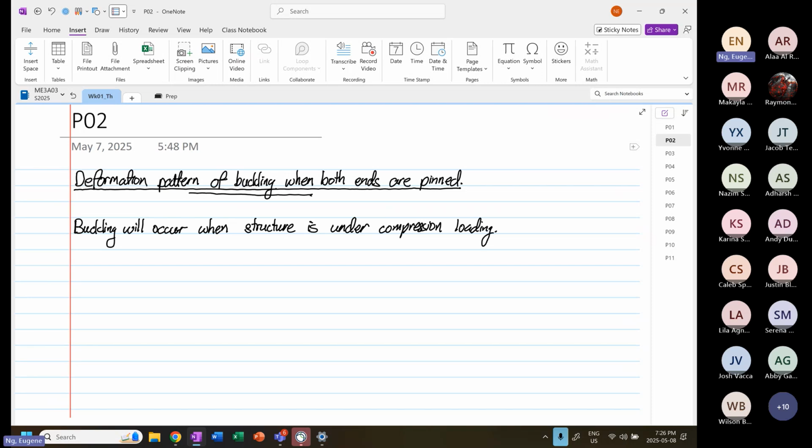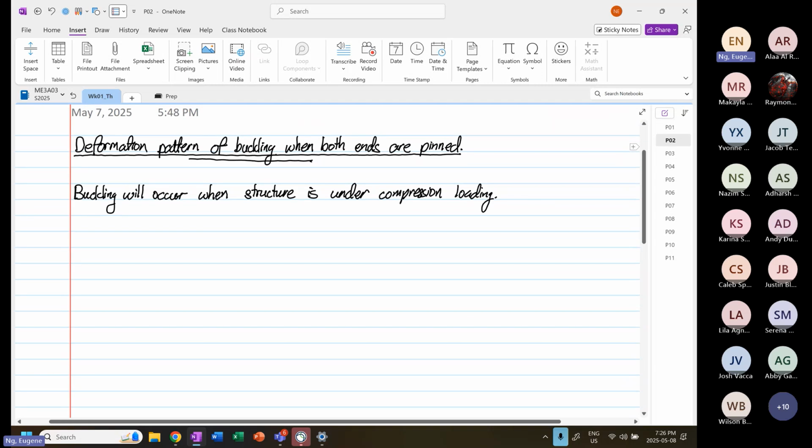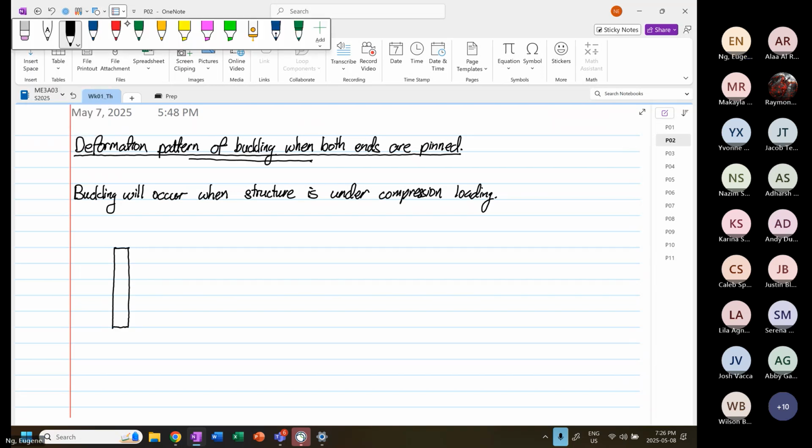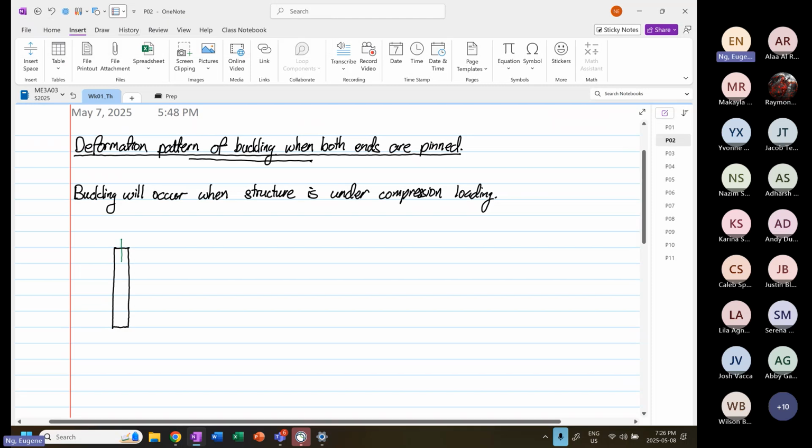So if we have a structure, I'm drawing a simple structure for now, as you can see before, and this is our centroid.